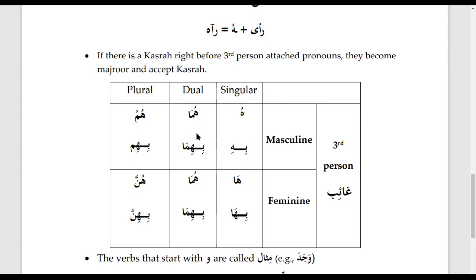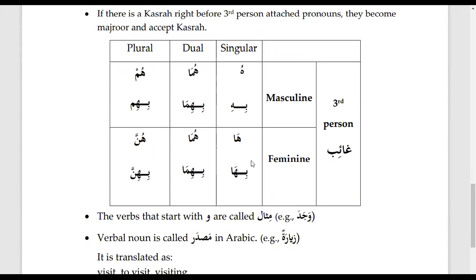And huma also changes, the dhamma changes into kasra, bihima, and hum changes into him as well, so it becomes bihim. Bihi, bihima, bihim. And similarly, ha changes into biha. Of course, we can see there that ha is mabni, it doesn't change, but we say that it is mahallan majroor, meaning it is in the place of majroor.